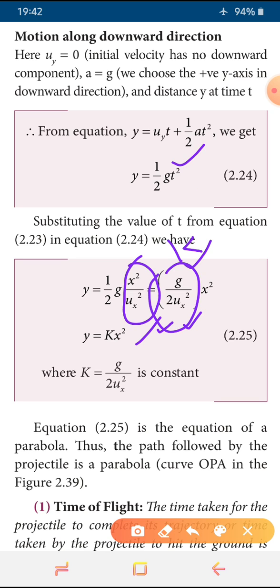The next equation becomes y is equal to k x square, where k is constant, and that k value is g divided by 2 ux square. This equation 2.25 is nothing but the equation of a parabola. So the path followed by the projectile is a parabola, the curve OPA clearly shown in figure 2.39. Have you understood, children?